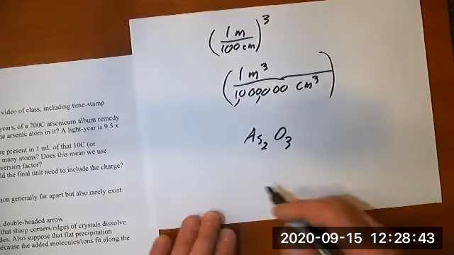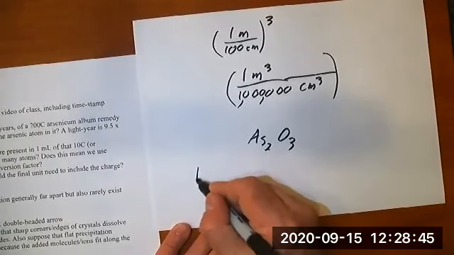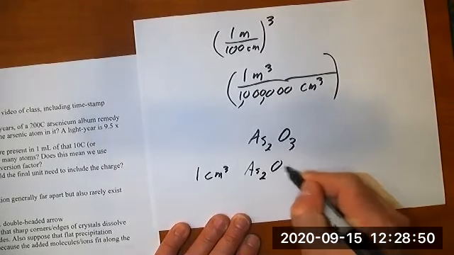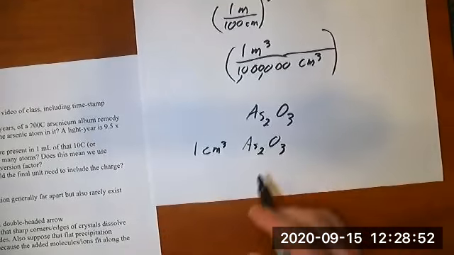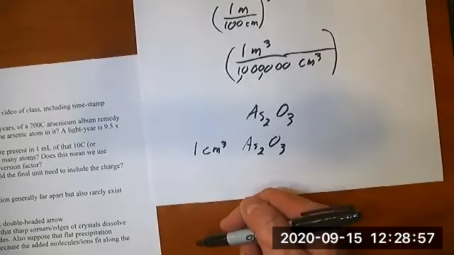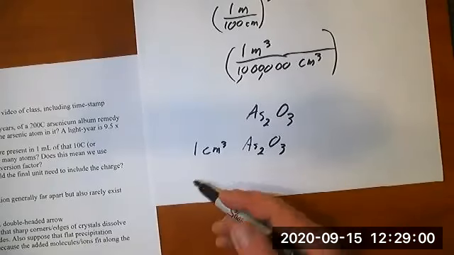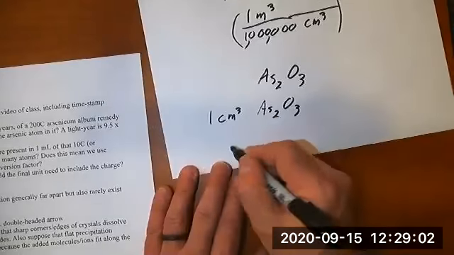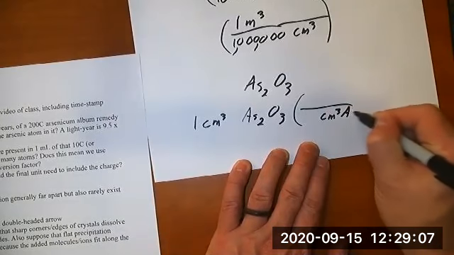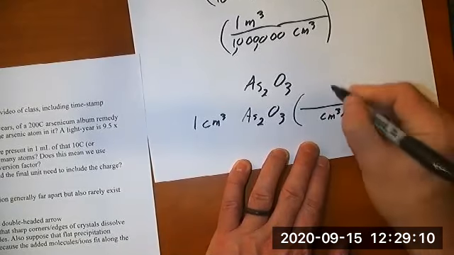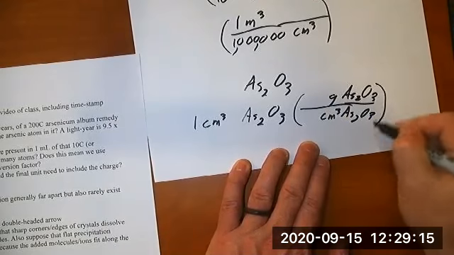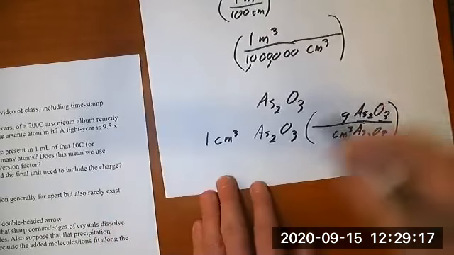So in that first step, where you're saying I'm starting with 1 cubic centimeter of arsenic trioxide, and you have a density of arsenic trioxide so that you convert it to grams, you then need to, so you have cubic centimeter of As2O3, you're going to have grams of As2O3. Okay, so I'm going to take you through the dimensional analysis we would do for this.